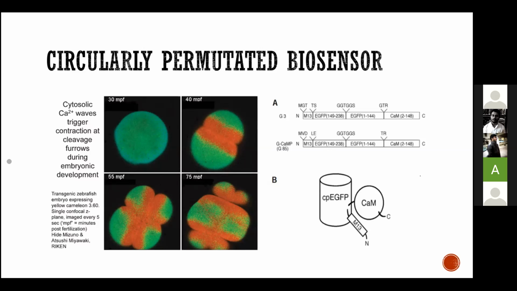You cut it at the point of 144. Then the next part of EGFP, which is shown here, has 149 to 238. So these are basically protein positions numbered, right? In a beta barrel structure there will be many proteins which make up the beta barrel structure.